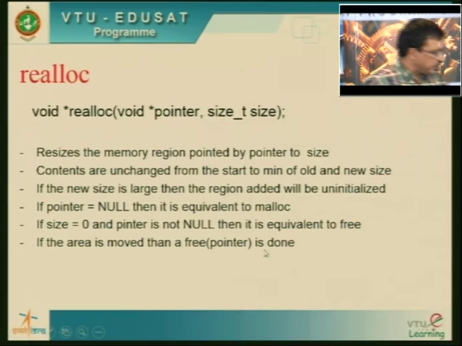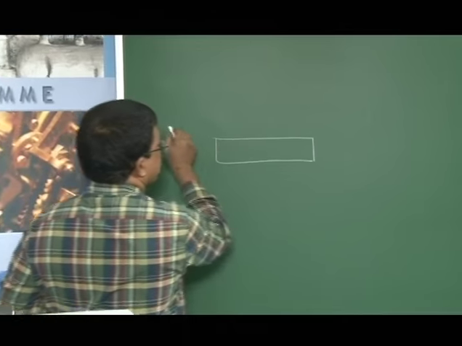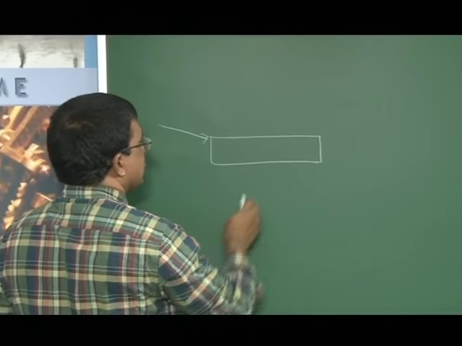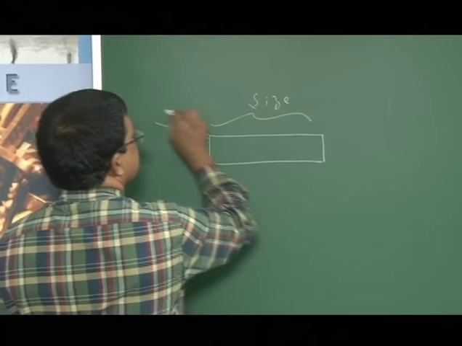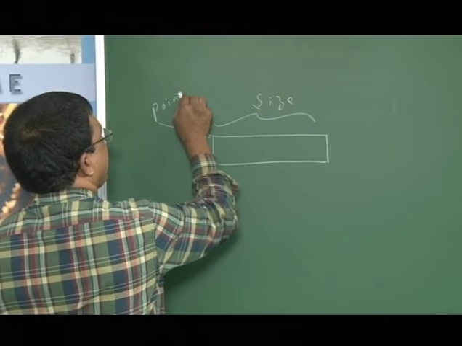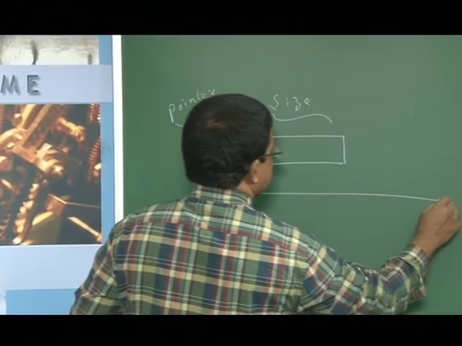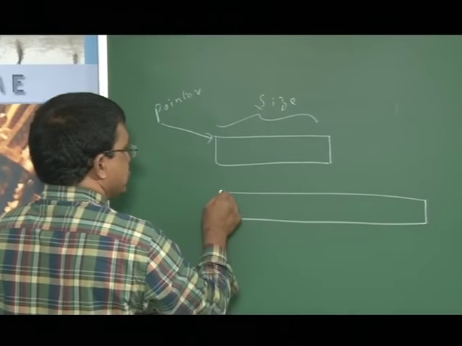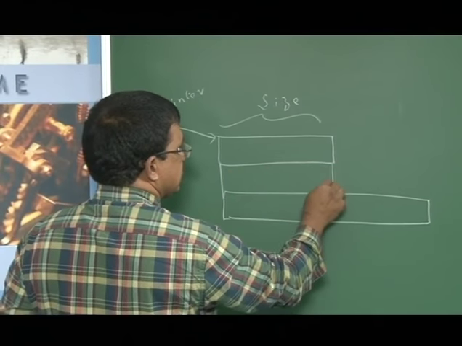Let me quickly show this. If this is the original pointer, and this is the size of that. What realloc does is, this entire thing remains as it is.